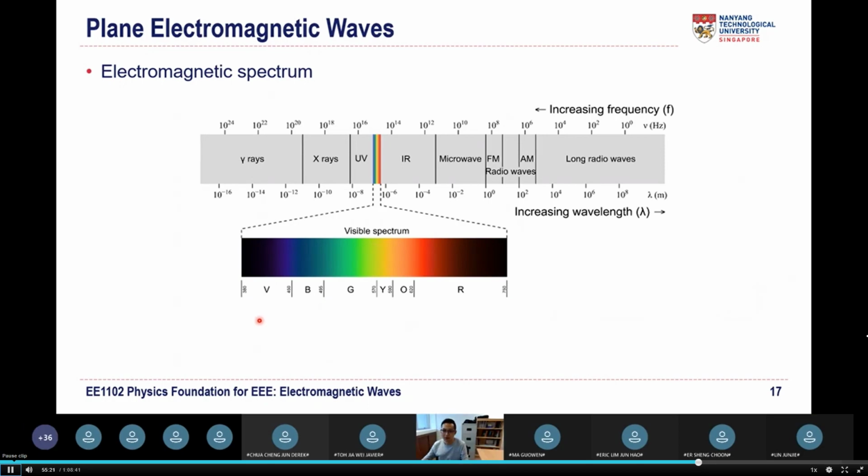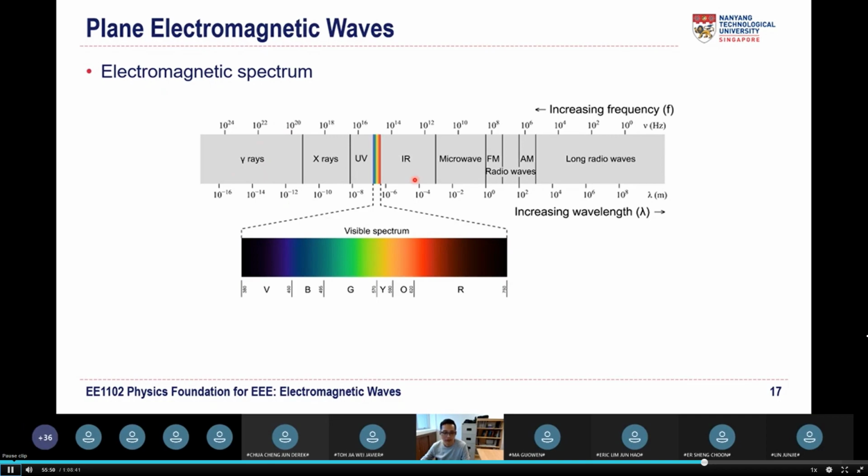Okay, so you get the rainbow colors. Anything below 380 is called UV, ultraviolet. And anything shorter than that, you also have X-rays, which you can use to get an image of your bones and stuff. And anything shorter than that is gamma rays. So if you are exposed too much to these X-rays and gamma rays, it's not very nice, because they are very high energy waves.